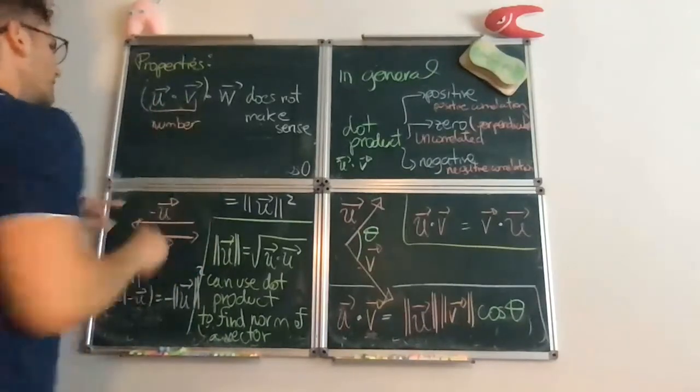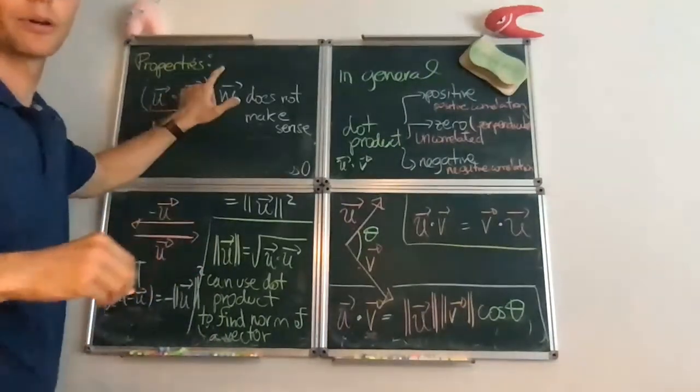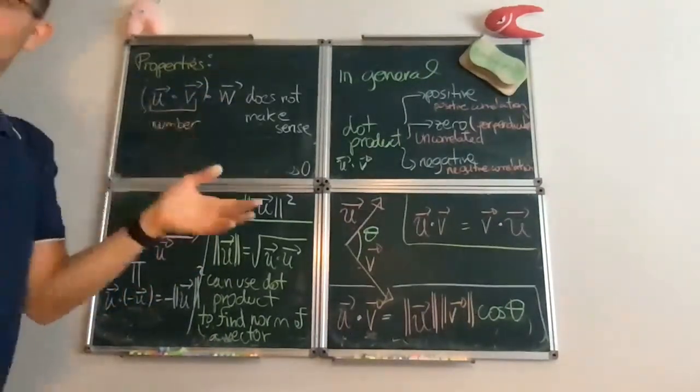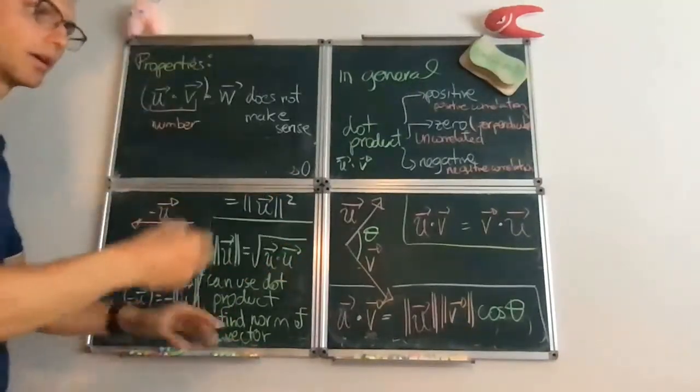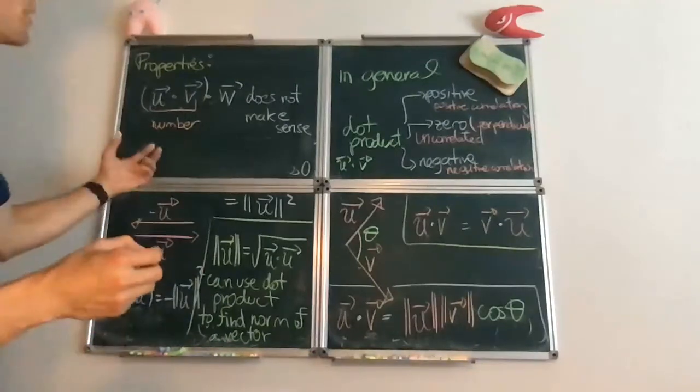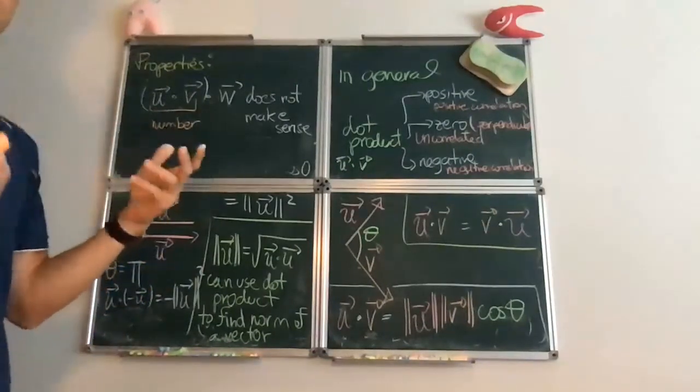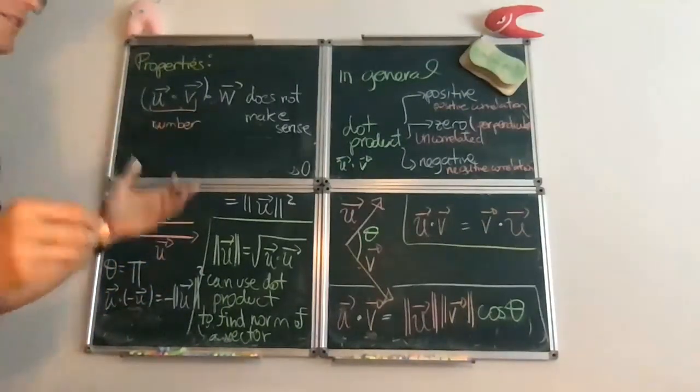So you cannot take the dot product between a number and a vector. You can just multiply them in the ordinary way, as we learned before, of a scalar times a vector, but not in the sense of making the dot product between the vector and a number, right?